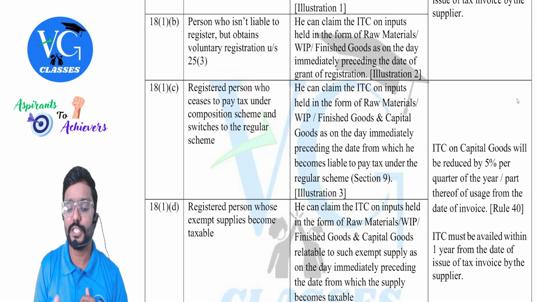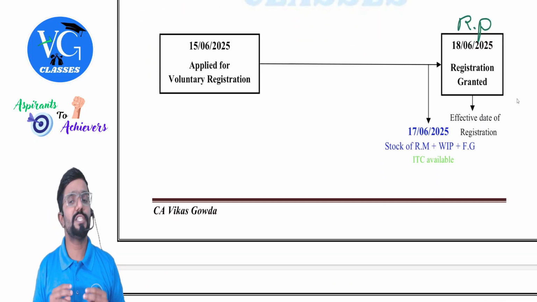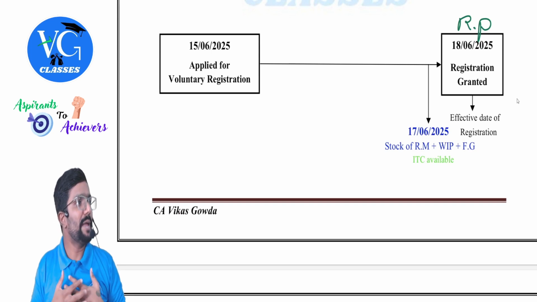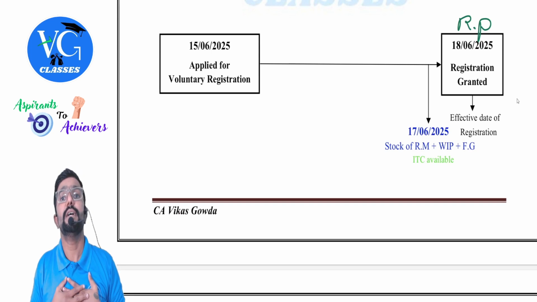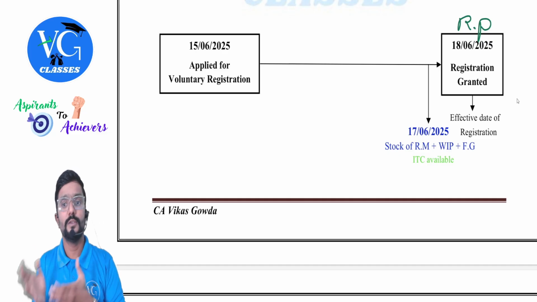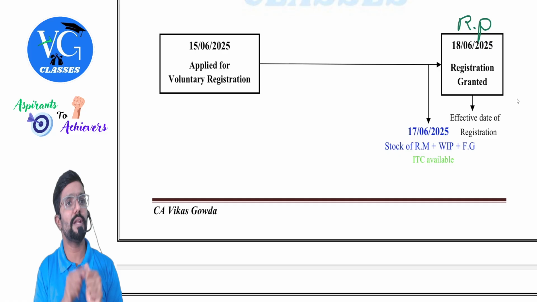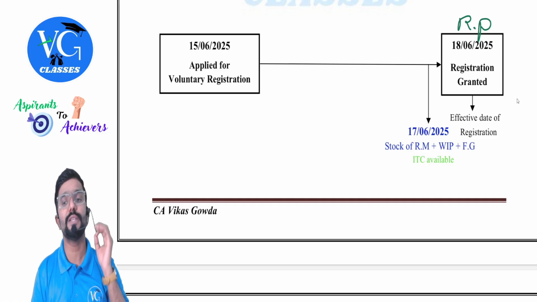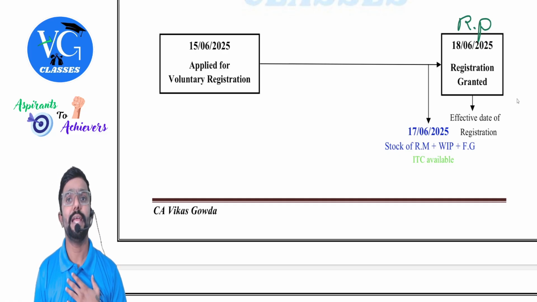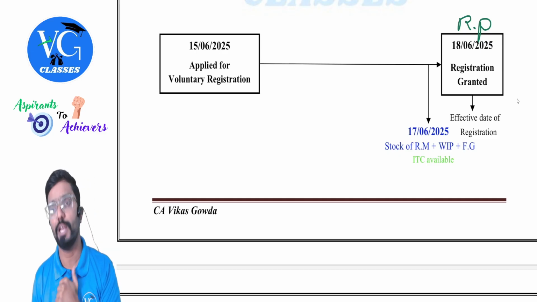So date of grant of registration in this example was what, guys? 18th June. I am called a registered person from 18th June. RP stands for registered person. So the preceding day is 17th June. Whatever stock of raw material, WIP and finished goods we had on 17th June, will credit be allowed on it? Yes. Credit will be allowed on it.